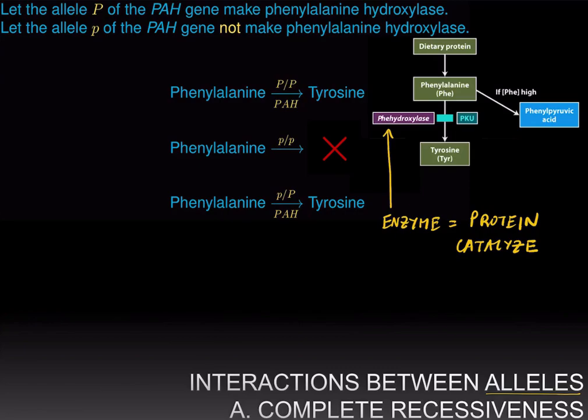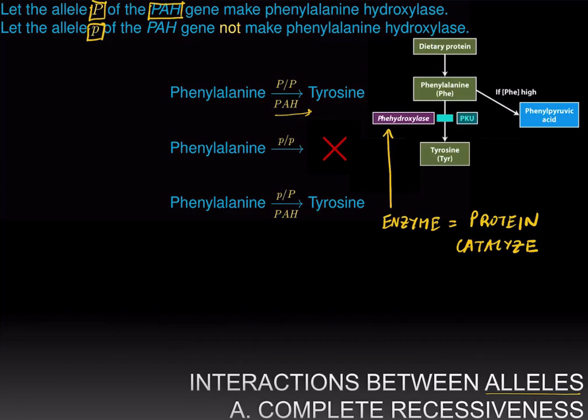Now, phenylalanine hydroxylase is encoded by the gene called PAH, and the wild-type alleles, the big P alleles in humans, encode a functional enzyme that can convert phenylalanine into tyrosine. However, if you have the mutant allele, little p, of the PAH gene, then you do not make PAH.